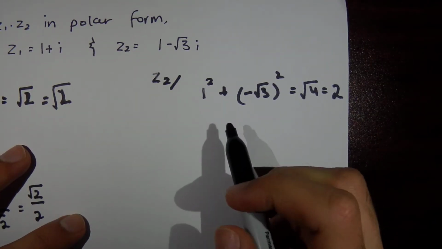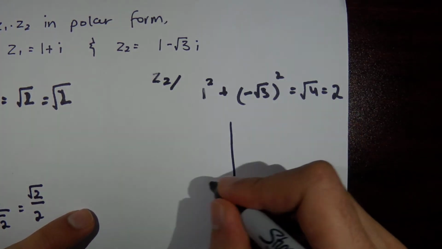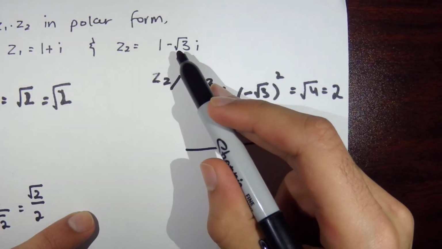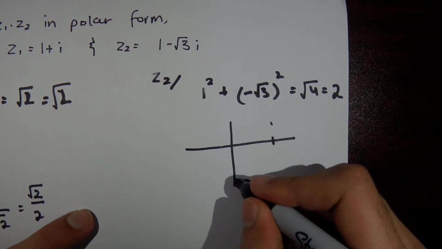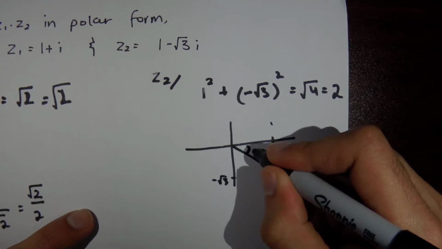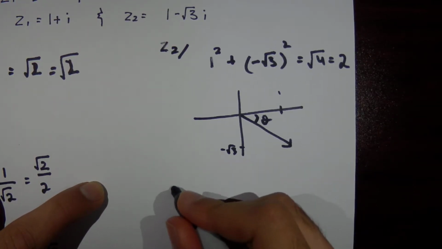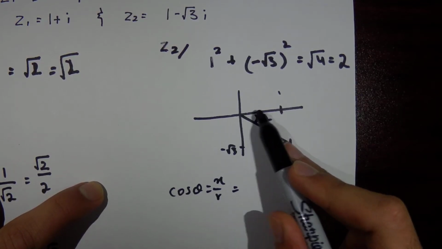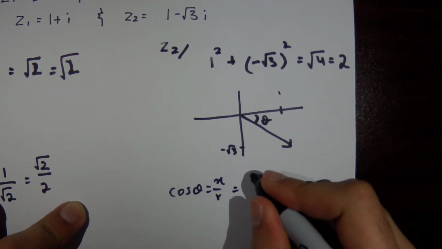So for z2, of course, this is slightly more complicated with the angle. So we graph first. We're going 1 unit to the right and negative radical 3 down. Just like that. There's theta. So we have cosine of theta equals x over r, which in this case is 1 over positive 2, 1 over 2.